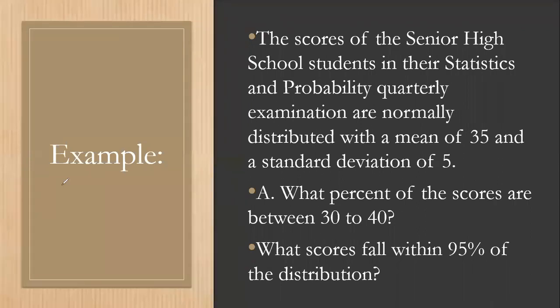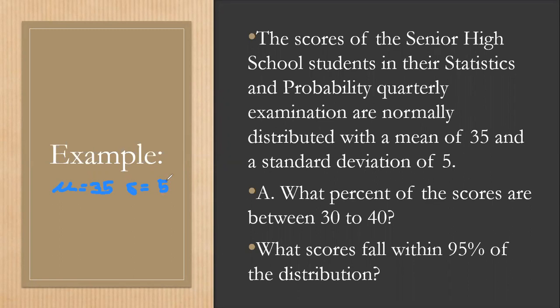So meaning, for our symbol, the mu is equal to 35, because it's the mean. So that's the symbol. And the standard deviation is 5. So what's the connection of this mean and standard deviation in a normal probability distribution?